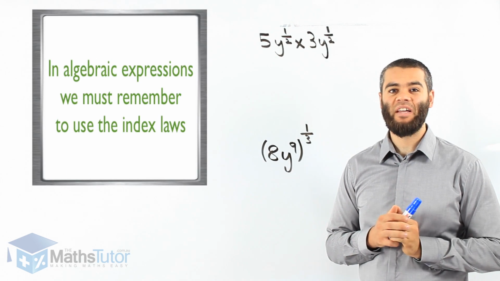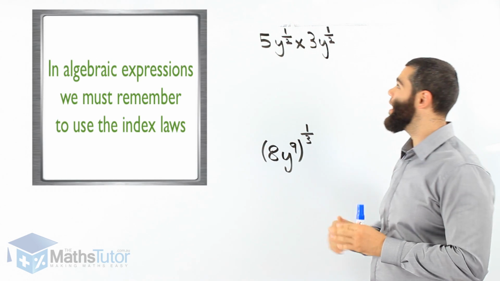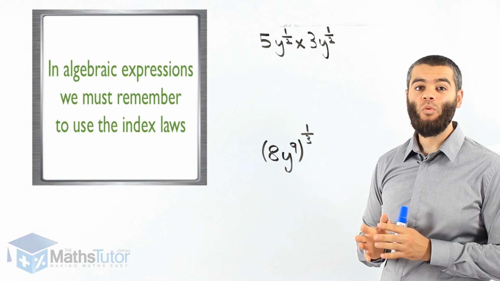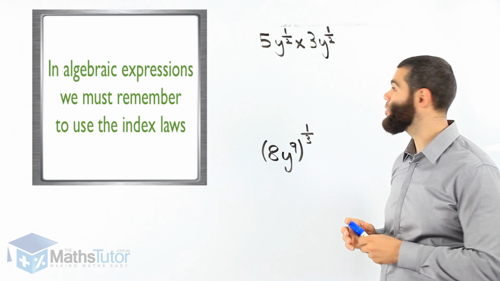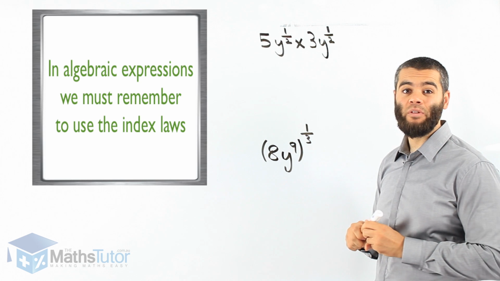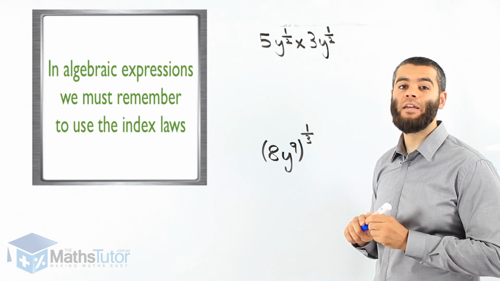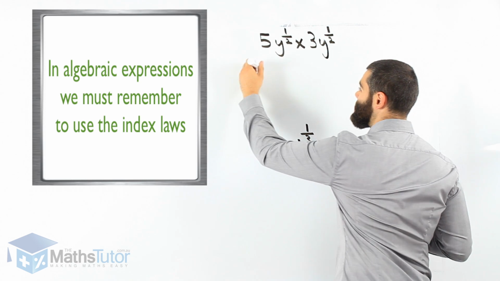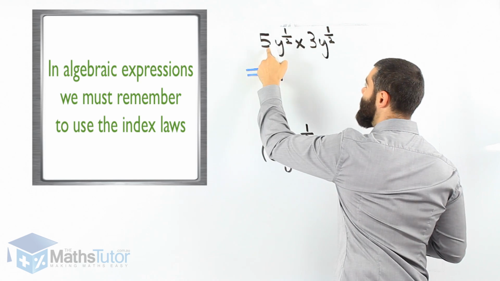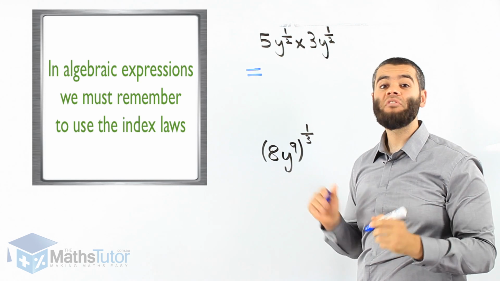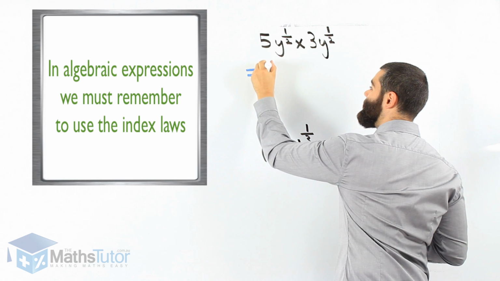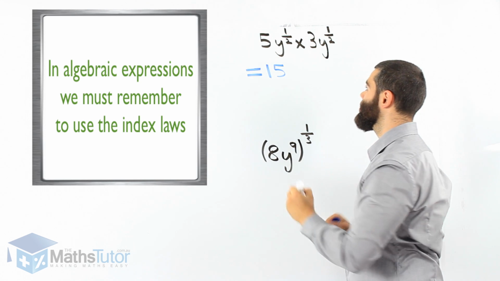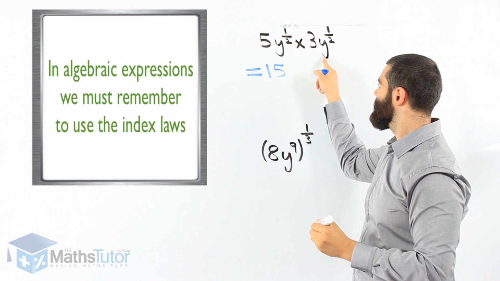Some more examples now. 5y to the power of half times 3y to the power of half as well. We have fractional indices, but we follow the same index rules, the same laws. 5 times 3, they are numerals, so 5 times 3 is 15. y is the base.